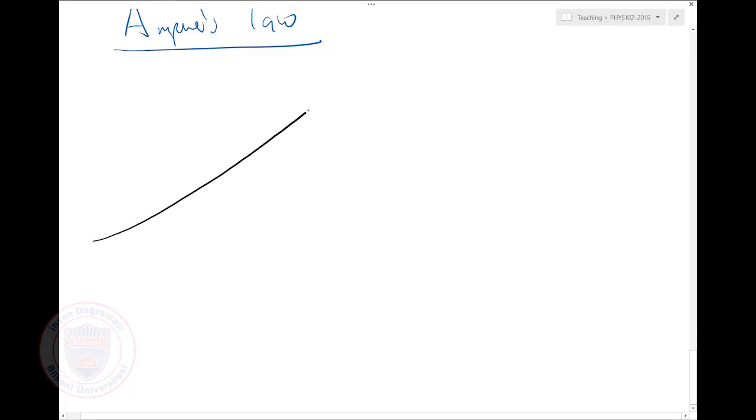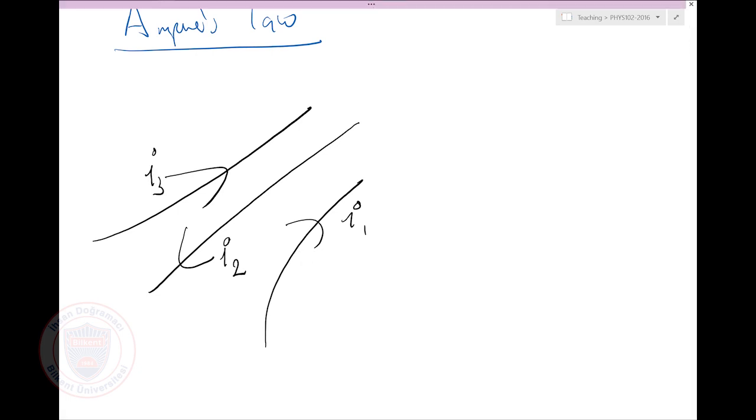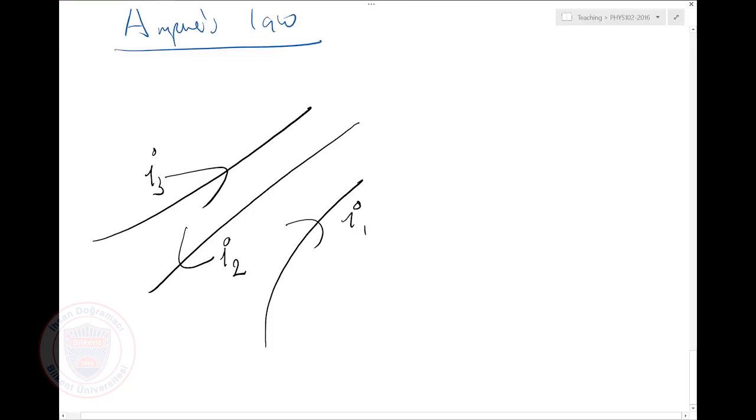And it says the following. Let's say that I have some current carrying wires, I1, I2, I3, and I'm trying to plot something in 3 dimensions. Ampere's law tells me the following.